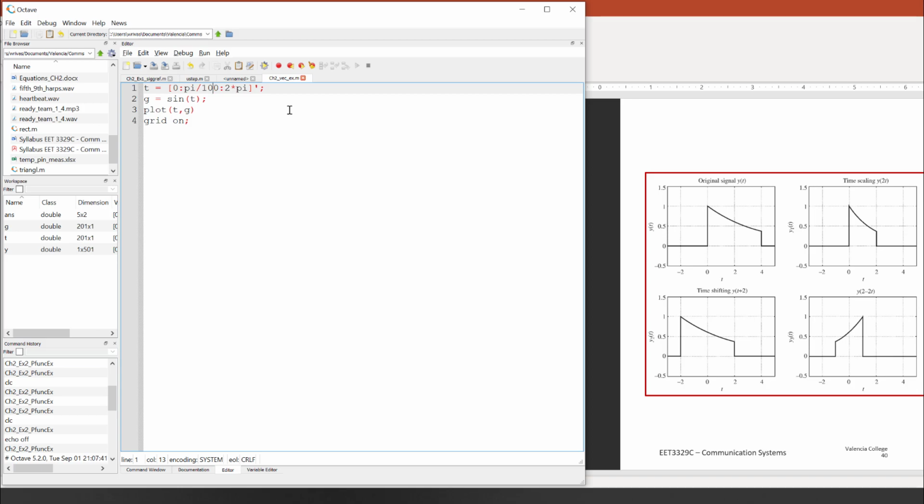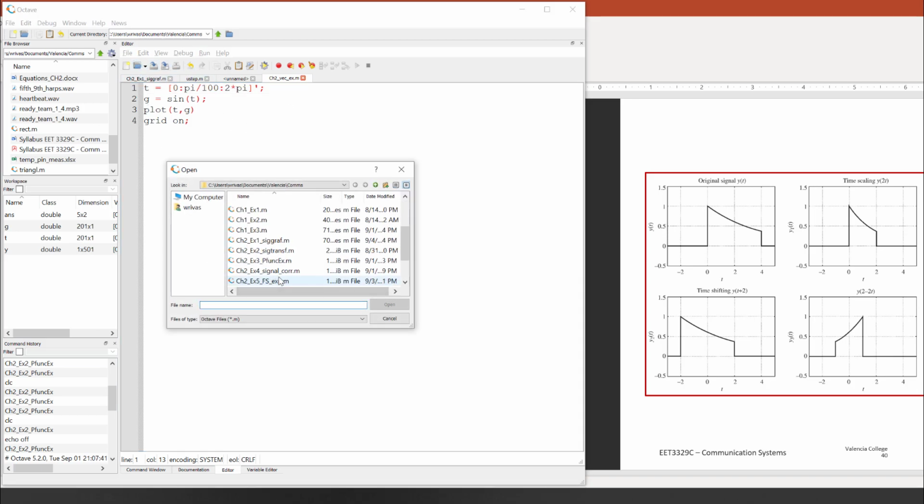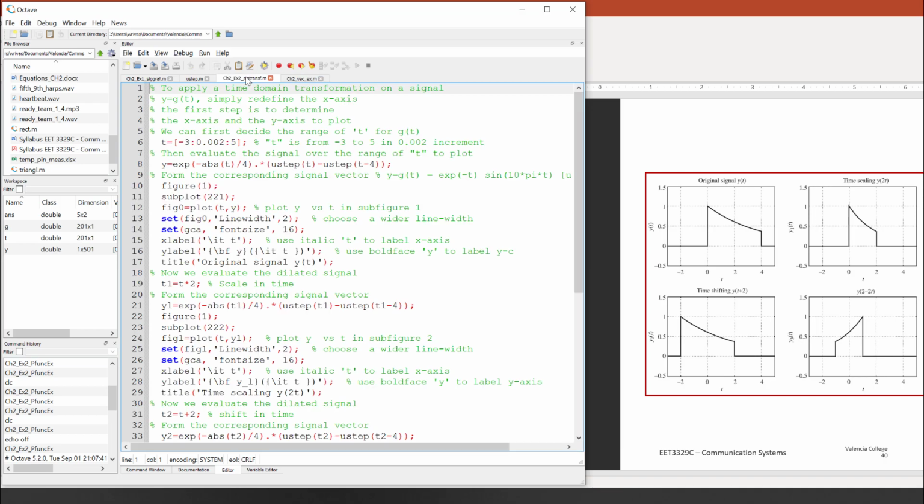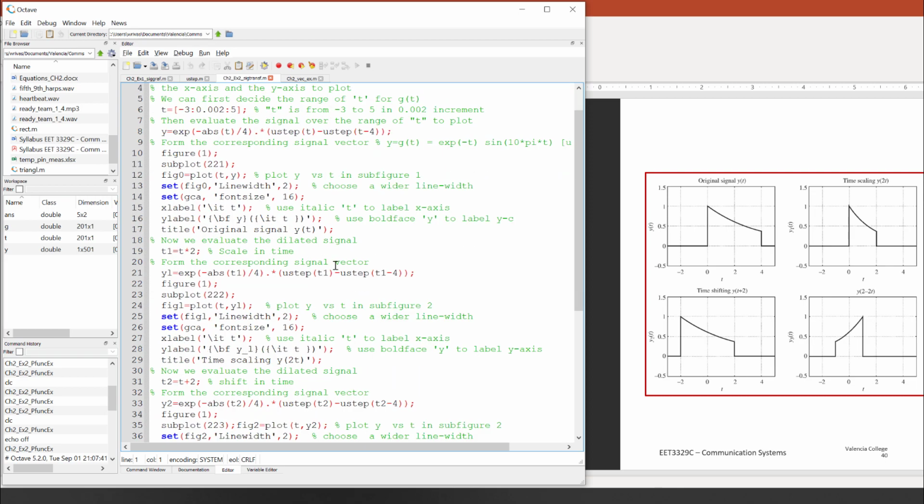Here's Octave. I want to open chapter 2, exercise 2.6. I believe it's this one. Let me double check. Yes.